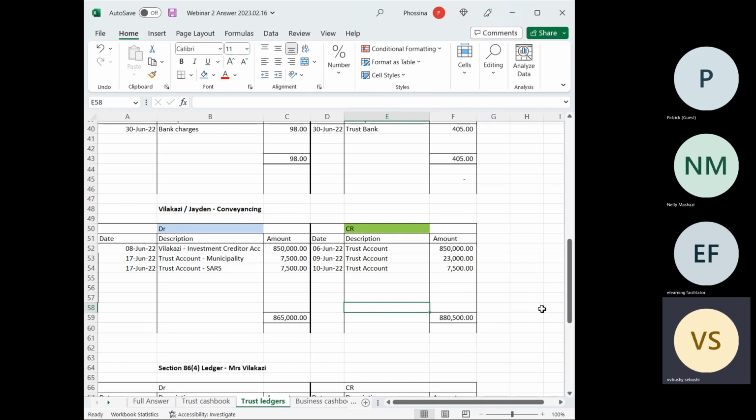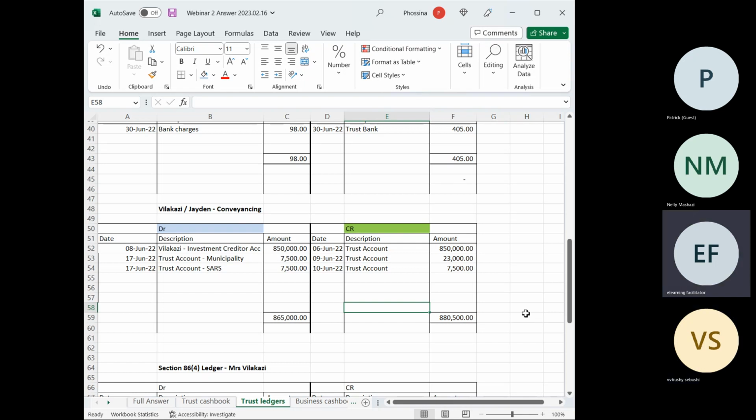So since the property is registered, it means the money goes to Mr. Jayden because he's the seller and Mrs. Vilakazi is the purchaser. So how do we then recall on date of purchase to the trust? I see you are moving fast. All right, sorry for that.